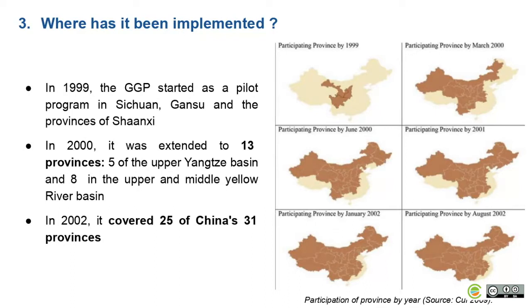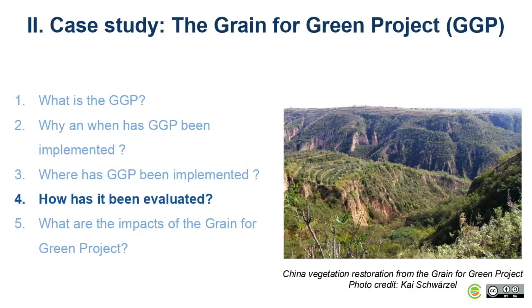But one year after, thanks to the contribution of the state government, it was extended to cover 13 provinces, and in 2002 it covers more than 90% of China's area. It covered 25 of China's 31 provinces.